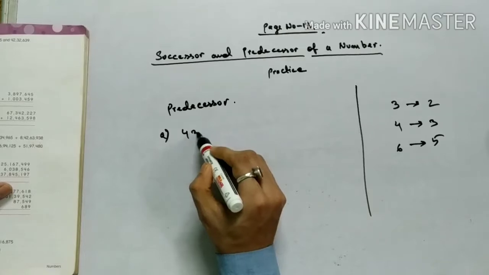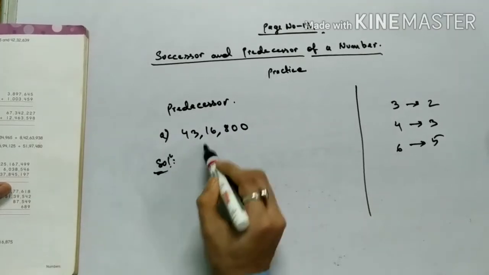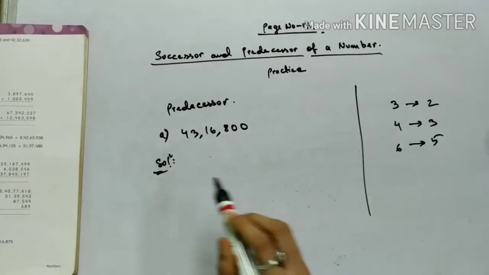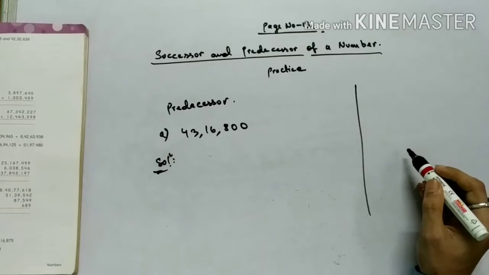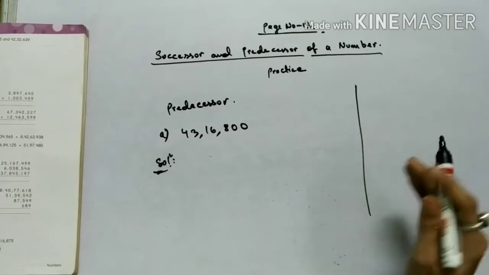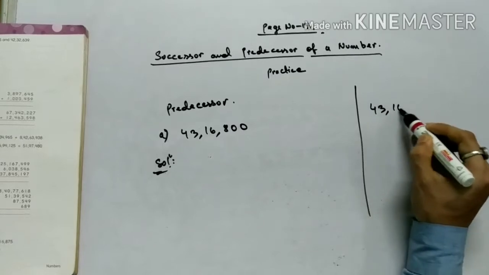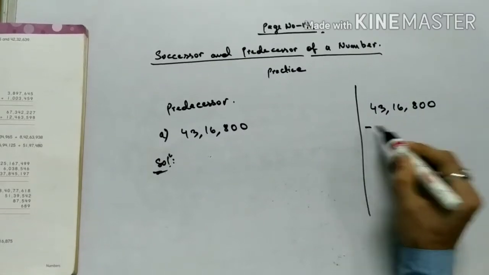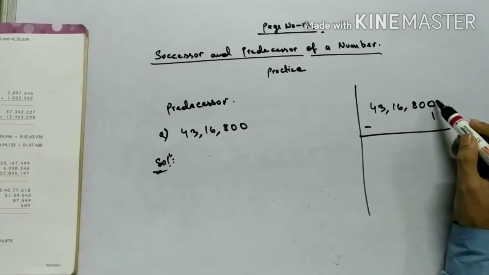So in here, 4316800. What is the predecessor of this number? To find the predecessor, remember, when we were doing successor, we used to add 1. In predecessor, what will we do? We will subtract 1. Okay, minus 1 we will do. So I will have to carry from here.